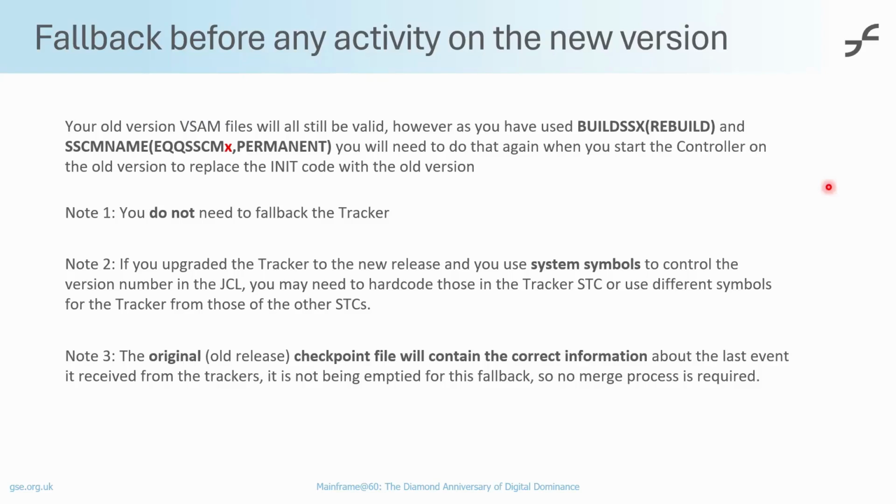So we need to set those two parameters with the previous value. So we need to initialize our controller with the old version in order to restart the controller with the previous version. You did a backup of all your controller datasets, so you can simply go back to those datasets.